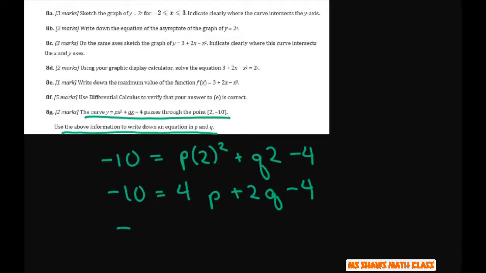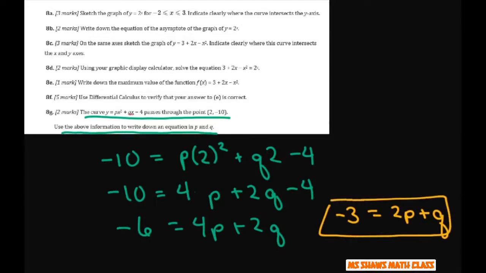So that would give you negative 6 equals 4p plus 2q. And you can leave it like that, or you can divide everything by 2, and you get negative 3 equals 2p plus q, which makes it look a little better. But that's all your work for that.